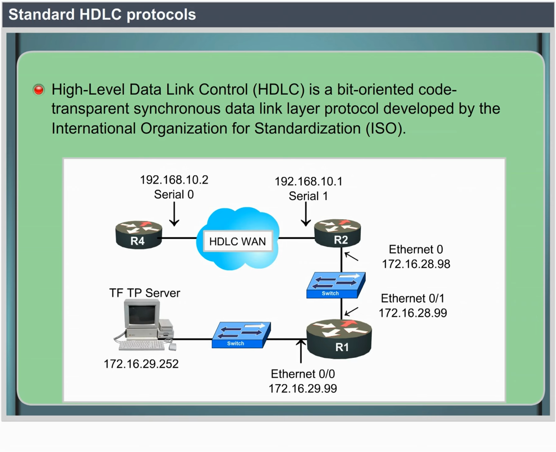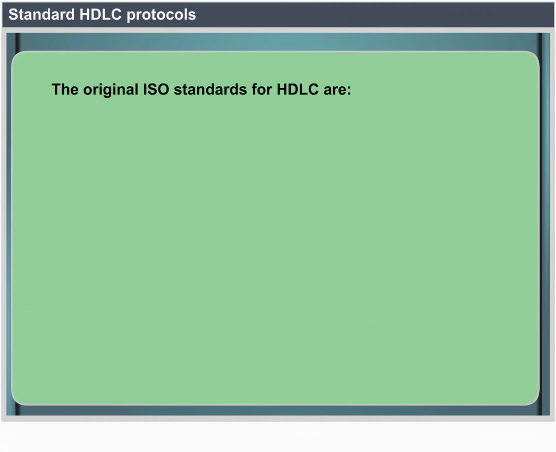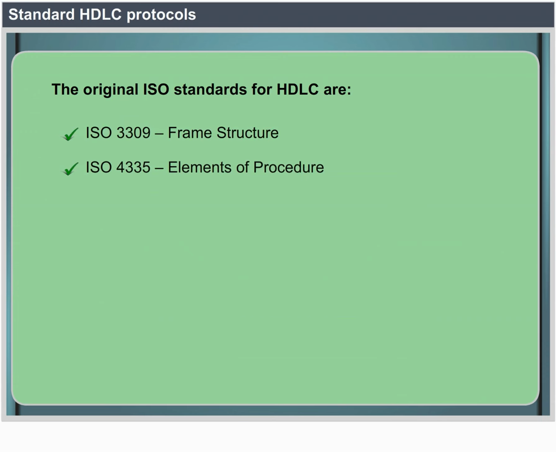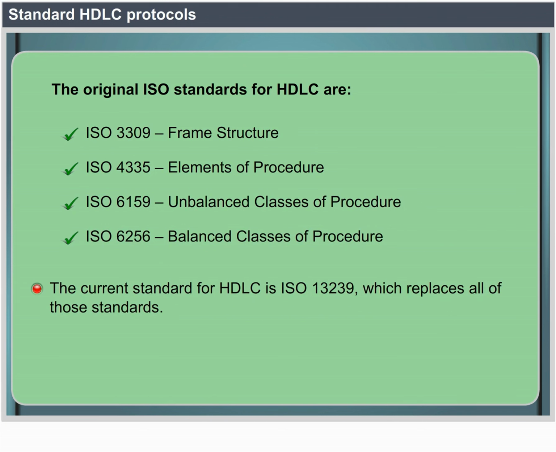The original ISO standards for HDLC are ISO 3309 Frame Structure, ISO 4335 Elements of Procedure, ISO 6159 Unbalanced Classes of Procedure, ISO 6256 Balanced Classes of Procedure. The current standard for HDLC is ISO 13239, which replaces all of those standards.